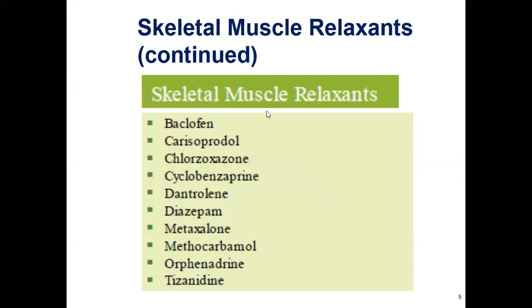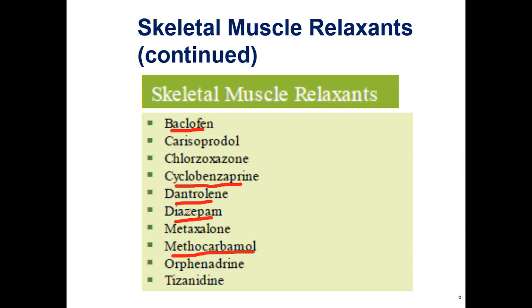So what are the medication names? First of all, baclofen, cyclobenzaprine, dantrolene, diazepam, and methocarbamol. I am mentioning the names that are frequently asked in the NCLEX board exam.